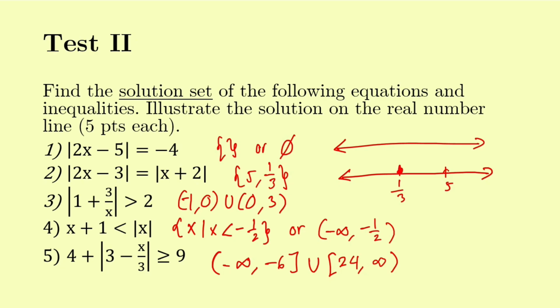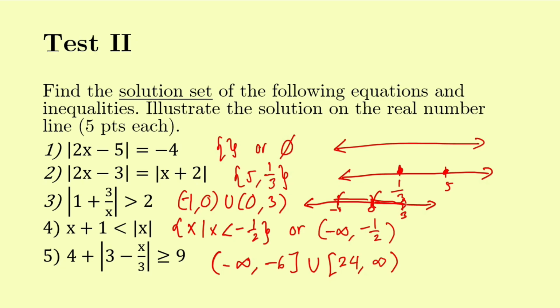And then, we just plot a point kasi equation pa lang to. Next, for number 3, negative 1 to 0. Tapos, 0 to 3. So, that means negative 1 hanggang 0. Tapos, 0 hanggang 3.